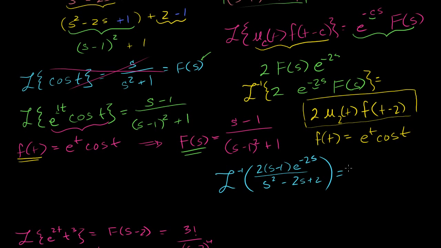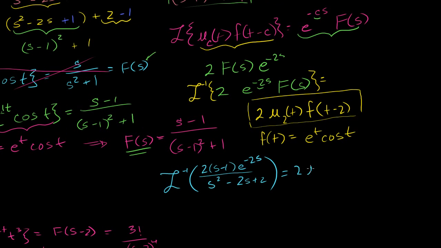Or we could just rewrite this as 2 times the unit step function starting at 2, that's when it becomes non-zero, of t, times f of t minus 2. f of t minus 2 is this with t being replaced by t minus 2. I'll do it in another color just to ease the monotony. So it would be e to the t minus 2 cosine of t minus 2.